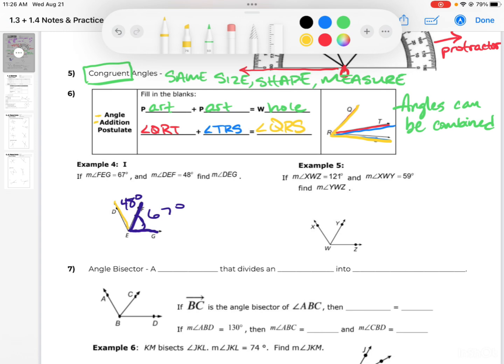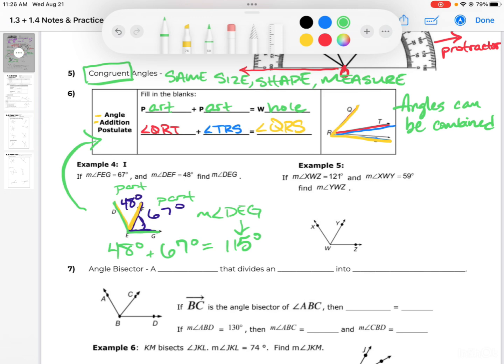So I'm looking for the whole larger angle that these lines create, the green angle, the measure of angle DEG. I have a part and a part, and I want to figure out what is the whole thing. If I look back up at the angle addition postulate, I have a part plus another part, and I put those together and I get the whole thing. So DEG, the combination of these two angles, is 115 degrees.